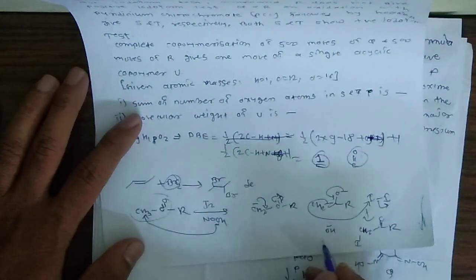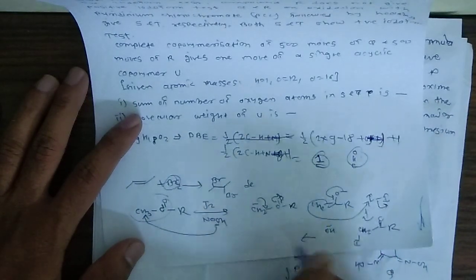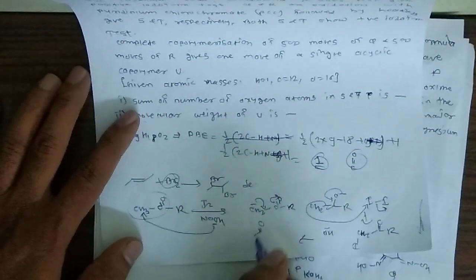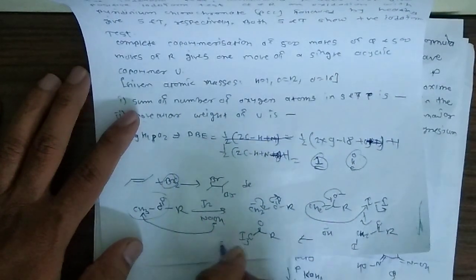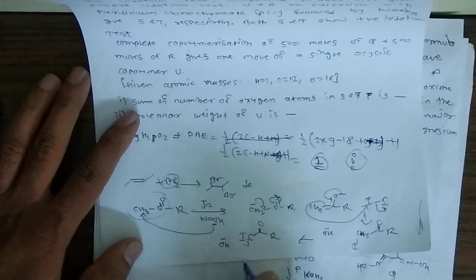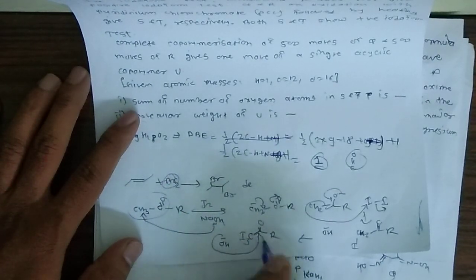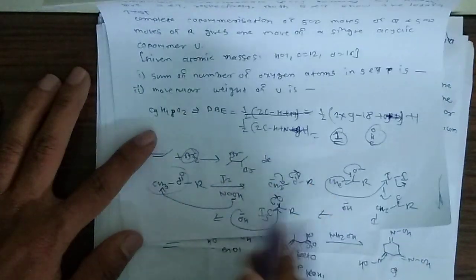Again OH comes, the third proton is removed, and finally we get CI3 with R. Again the base OH minus is there. Now there is no acidic proton, so it attacks the carbonyl carbon as a nucleophile and the bond opens. So what is happening?